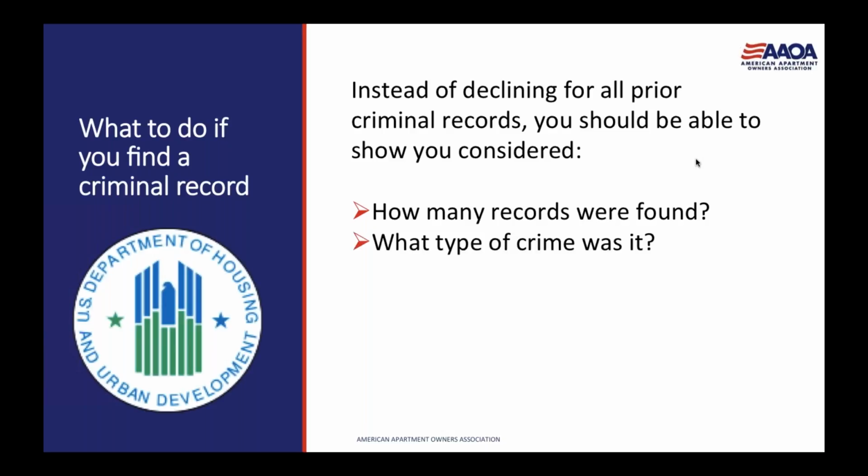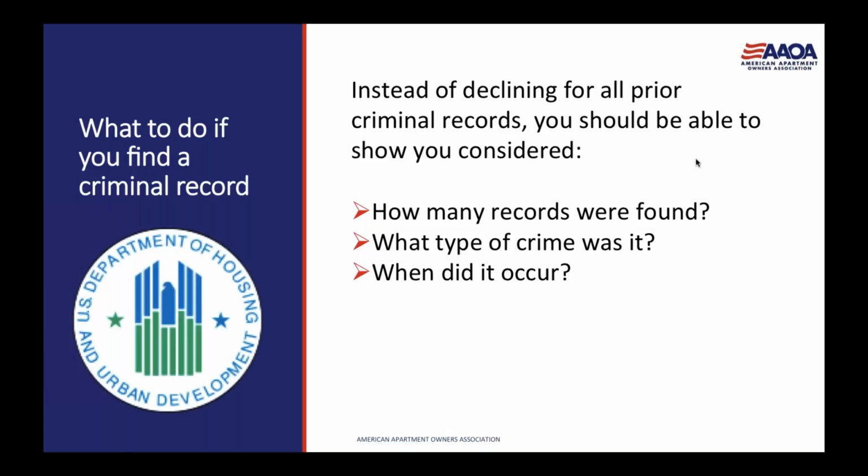What type of crime was it? I think I started the example at the beginning with a DUI. Obviously that's probably not that bad when making a rental decision, versus physical assault or some sort of violent assault of another type. So the type of crime does matter. And when did it occur?